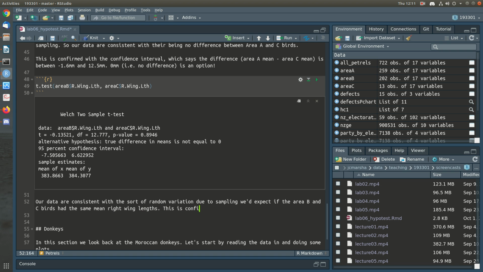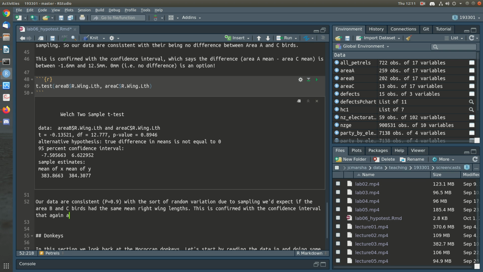This is confirmed with the confidence interval that again says that 0 millimeters difference is a possibility. It could be from minus 7.5 to 6.6.